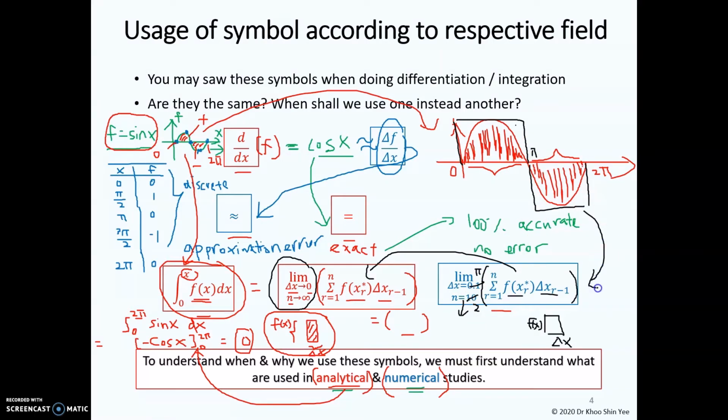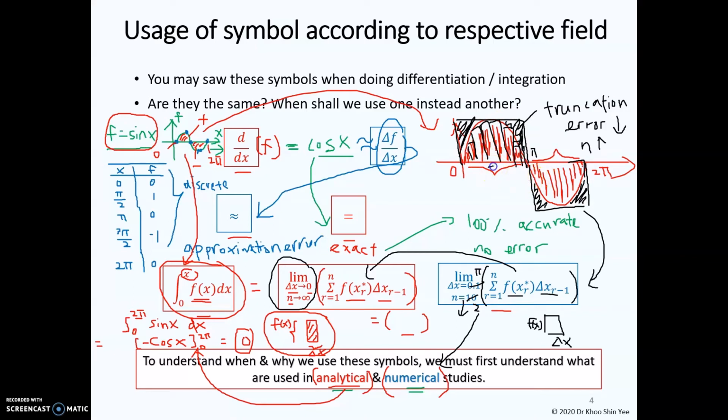By doing this, you are actually performing the numerical integration. You can see that the black regions are the error due to the numerical method. This error is known as the truncation error. One way to reduce the truncation error is by increasing the number of bars, where you can see when you increase the number of bars to represent the area, the error can be reduced.